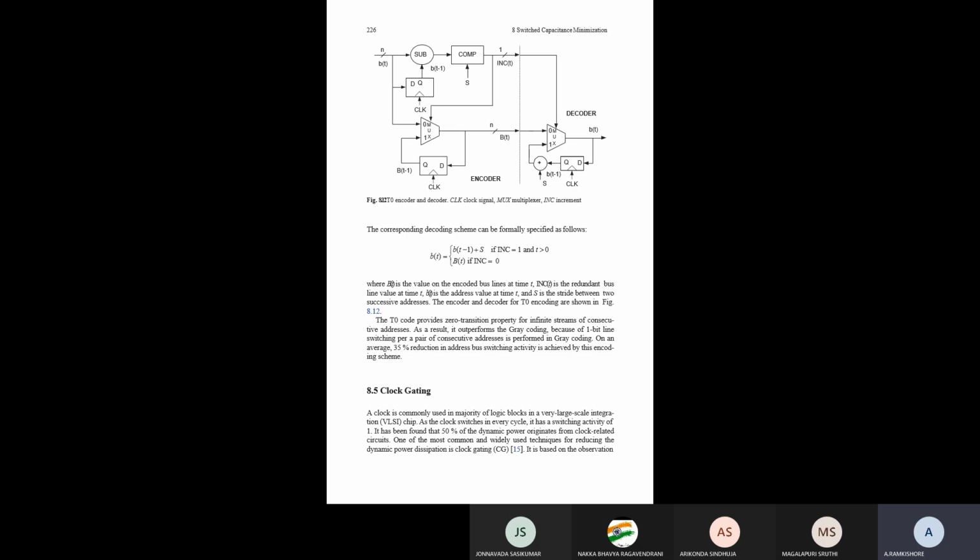We already discussed those voltage scaling approaches, but in this chapter we look at switched capacitance minimization.